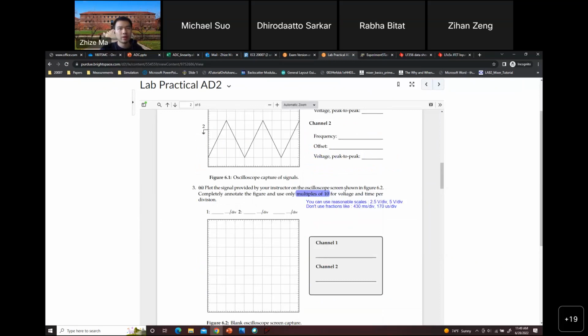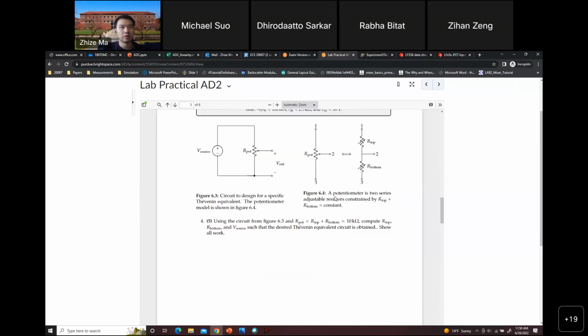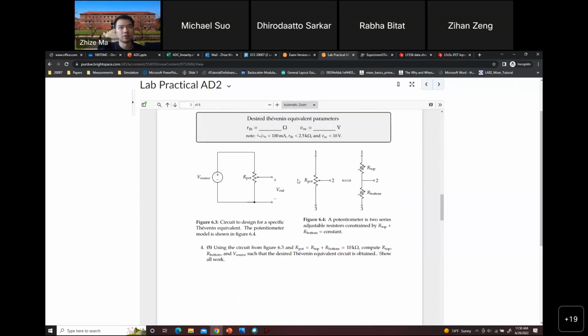If you're using 2.5 or 5 divisions, that's also fine, that also counts as a multiple of 10, but just don't use fractions, like 1.3 or 1.7. That's not okay. This question relates to Lab 5, the Thevenin equivalent circuit. Make sure you understand what the Thevenin equivalent circuit is and how to calculate it. Then you can do this question.